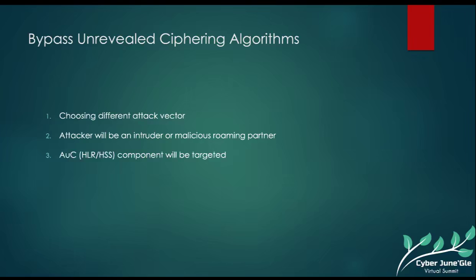And whenever I'm talking about HSS, which is exactly like HLR, it is in the core network when we talk about LTE or even 3G. Actually, we are going to target AUC in HLR HSS by abusing SS7 and gaining signaling access as a roaming partner.